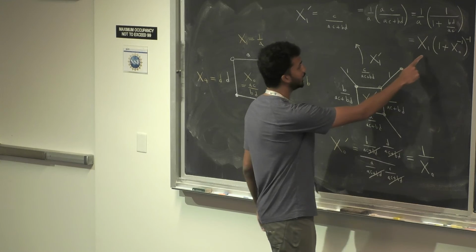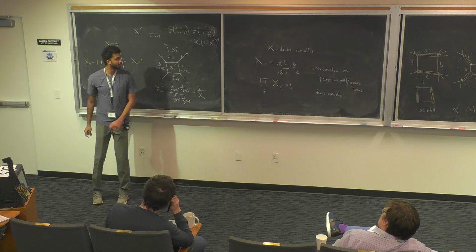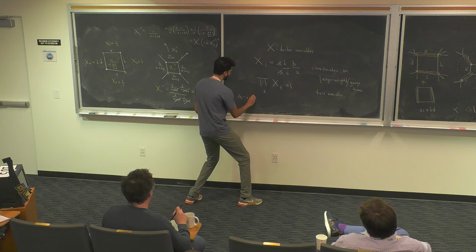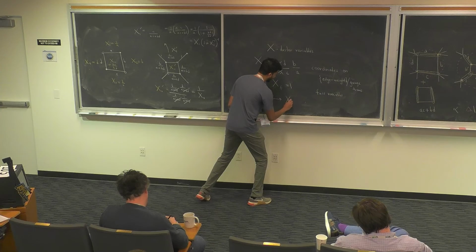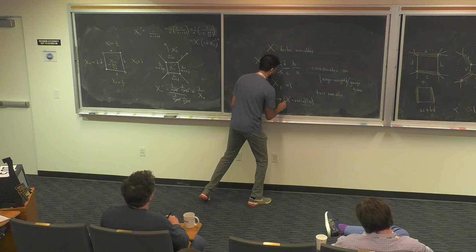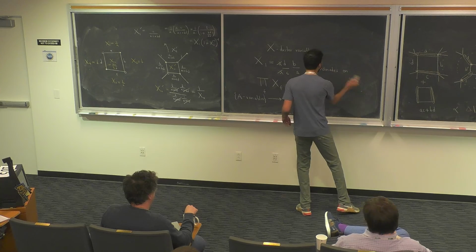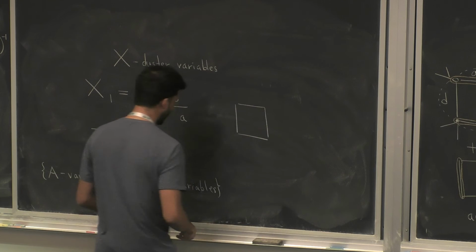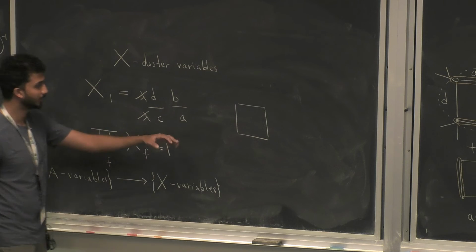And there is a relation between these cluster variables, the x variables, and the a variables that we've been studying so far. So anytime you have a variables, you can create x variables by using the following rule. This works more generally for any quiver, but let's do it in this bipartite setting.